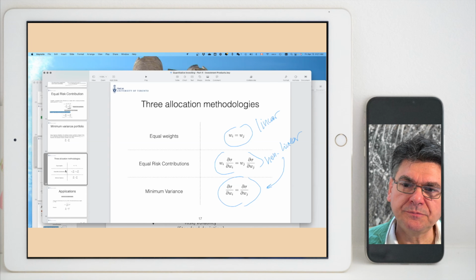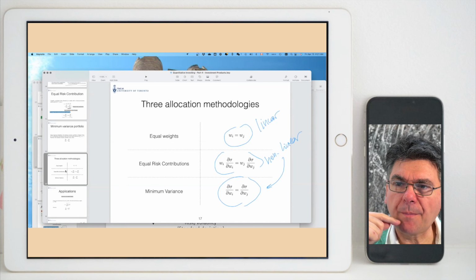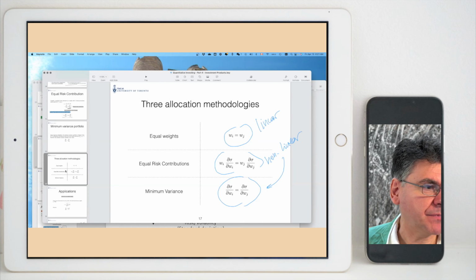Okay? Is this clear? By the way, the assignment I will give you this week is with the three indices that you downloaded, that you worked with in previous assignments. I want you to calculate the portfolio that uses each of these methodologies.